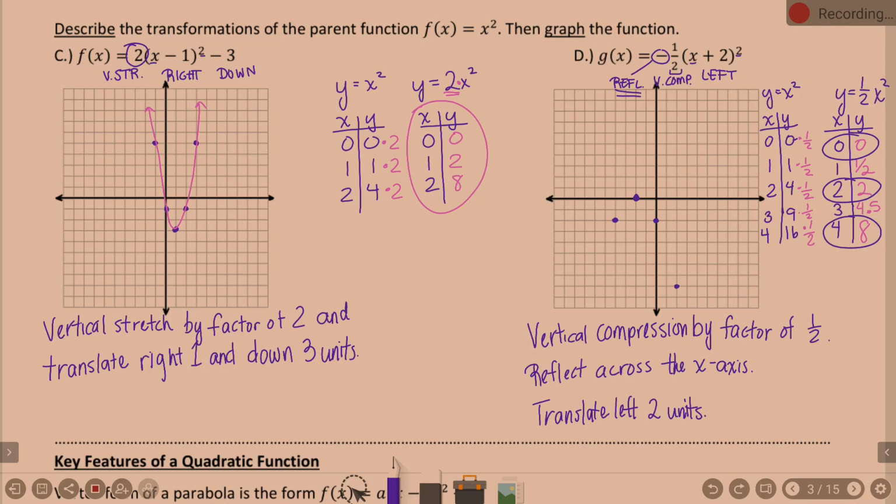Over 4 and down 8. If you wanted to peek at some of the other numbers, over 1 down 1/2, does it fit the shape? It does. Over 3 down 4.5. I'm not saying you need all those points, am I? But you have some there.